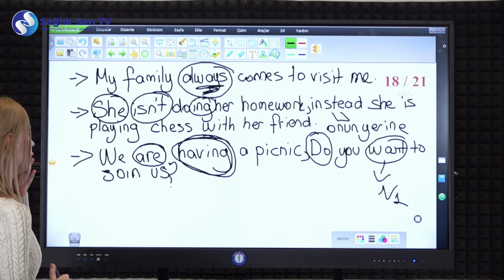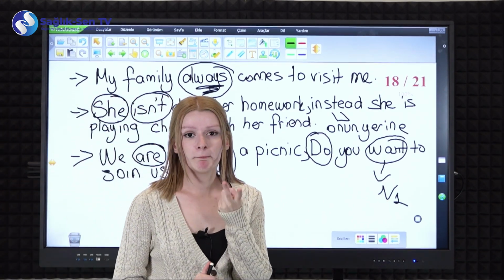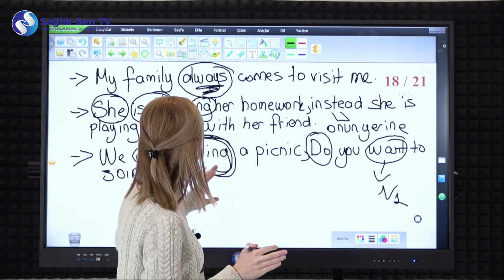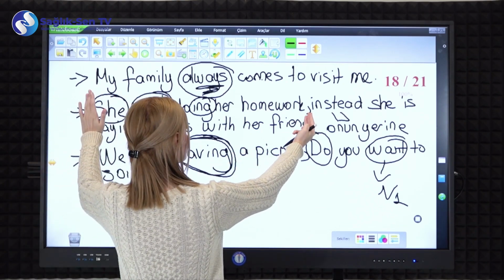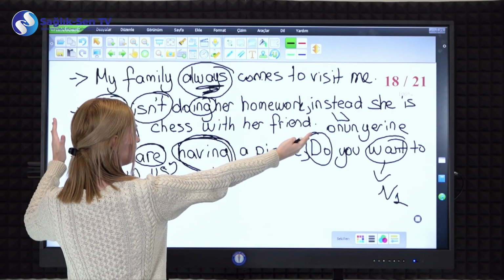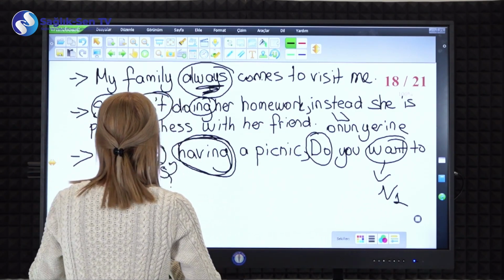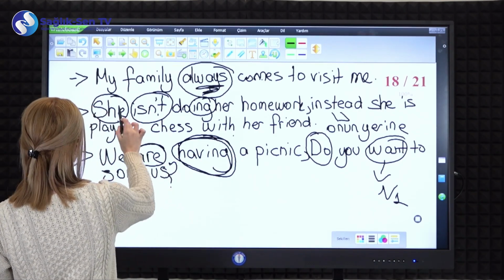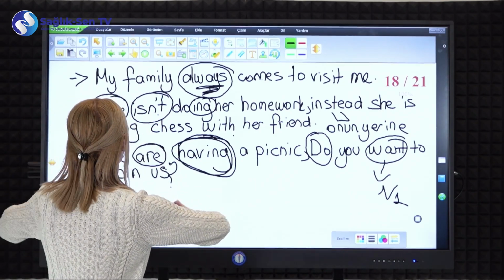I can see two main sentences here, two complete sentences. This is the first one, and after the comma, this is the second one. This is a negative sentence, and this is a positive one. She isn't doing her homework.